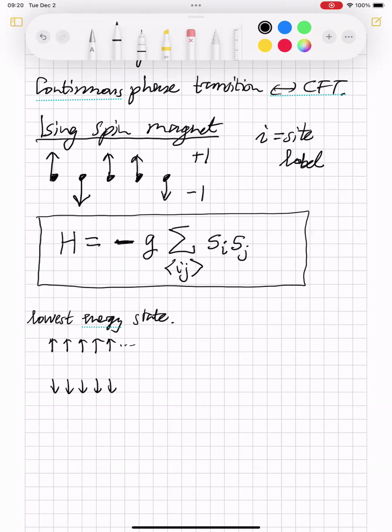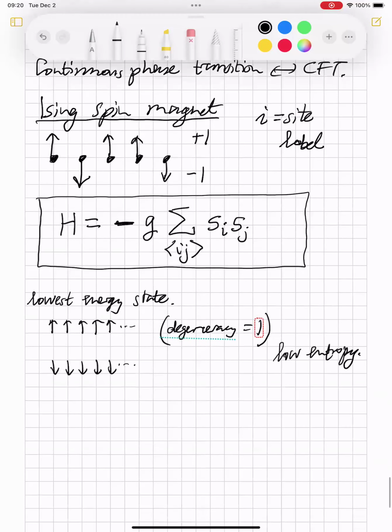This will keep going. We imagine we've got very many spins. So each of these states has a degeneracy equal to 1, both states. So these are lowest energy states, but they also have a very, very low entropy.